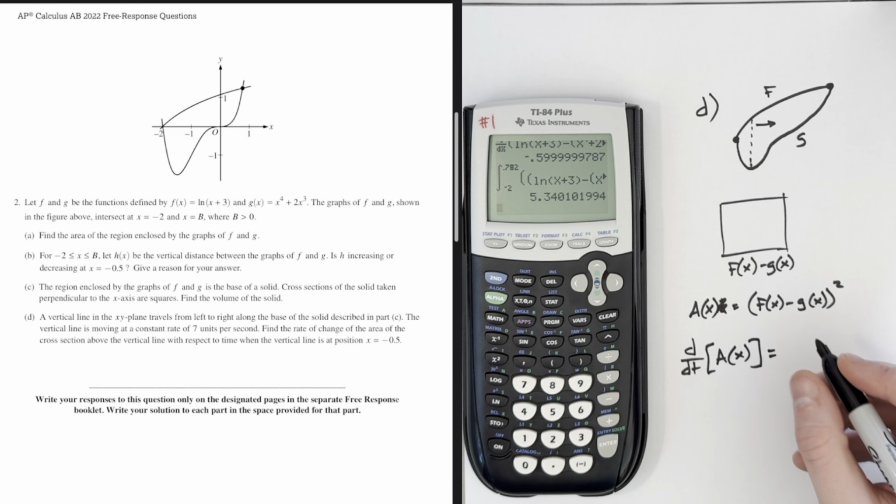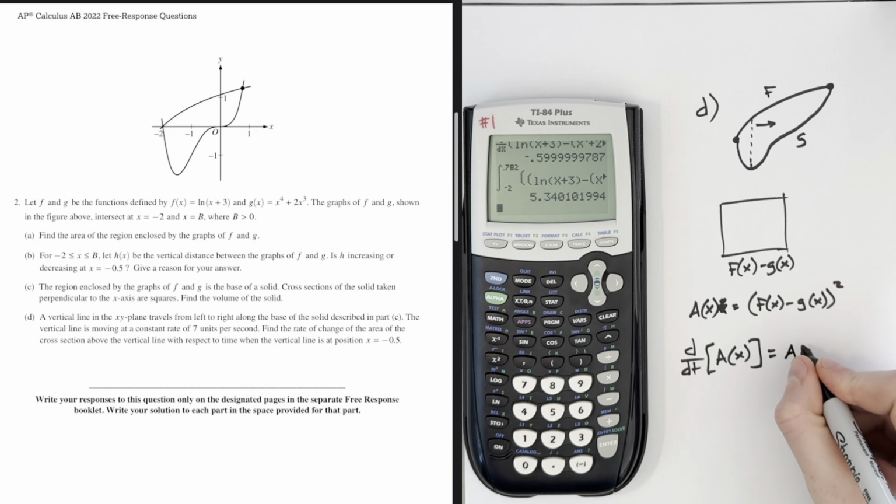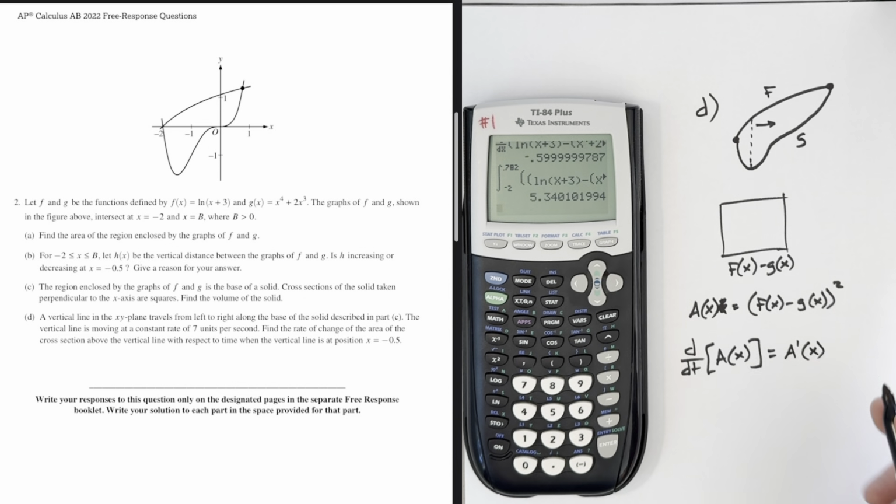What's the derivative of A? Well, it's A prime. And then what's the derivative of X with respect to time? dx dt. And that's just how fast we are moving in the X direction at a given time, right? Now they tell us we're trying to find our derivative, or our rate of change at this point, at negative 0.5.